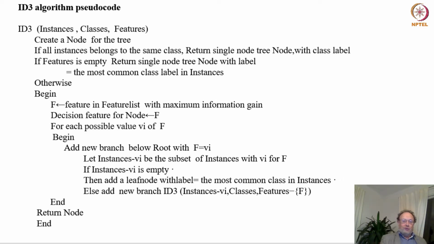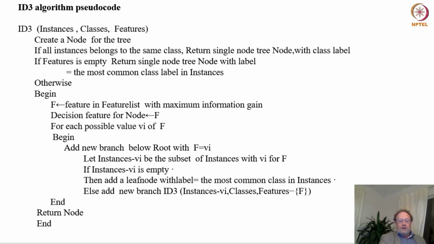Otherwise, you still have instances, you still have classes, you still have features, so you select a feature. You select a feature by first calculating the information gain for each feature, and then you select the feature with the highest information gain.